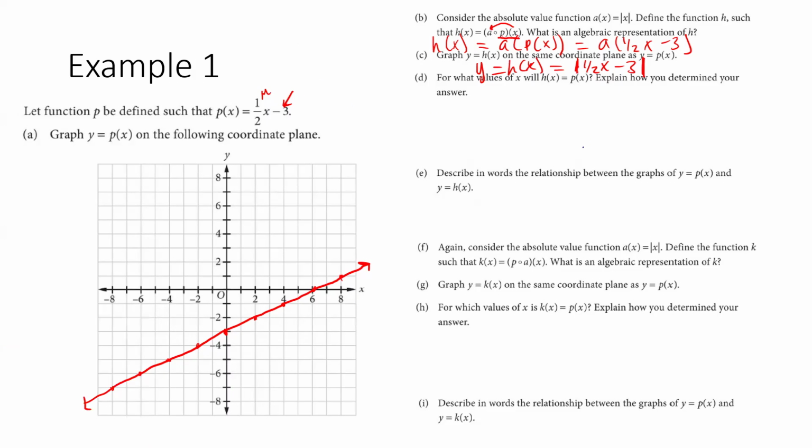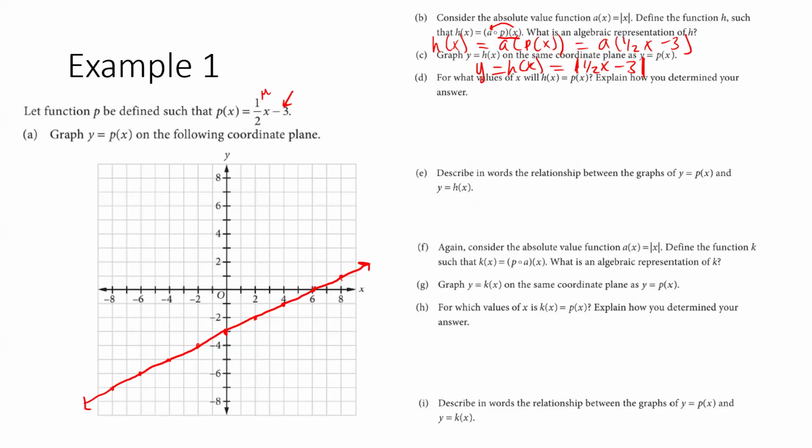Now, what did we say for the past couple of days? What is the job of absolute value? Not normal, but positive. Whatever goes into the absolute value is going to come out positive. Does that make sense?